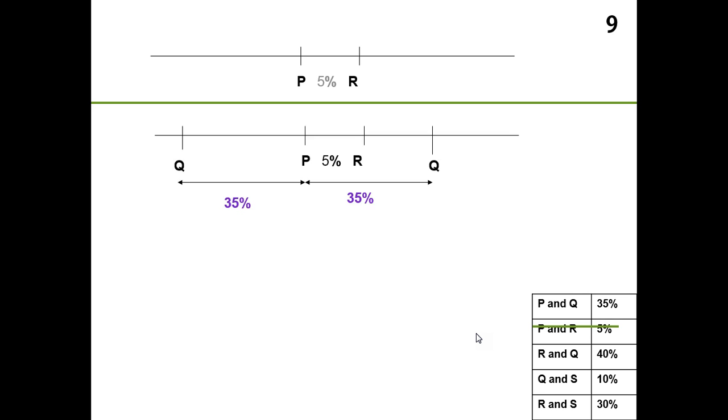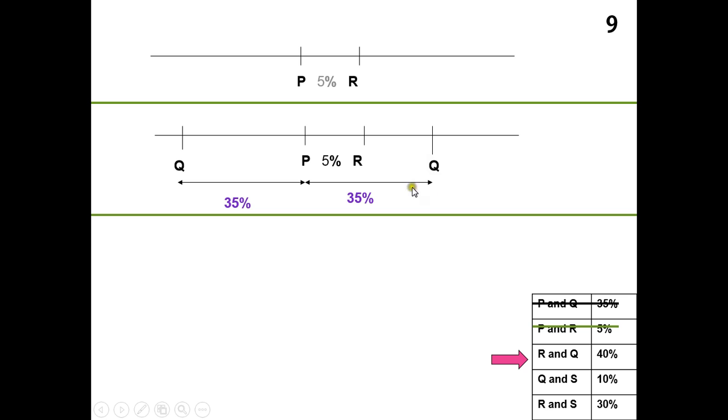We can put in the 35% between P and Q, although you can also go by the order from smallest crossover value to the largest. It's alright, but let's try with 35% for P and Q as a distance. Again, there's no indication of direction, so it can be 35% to the left of P or 35% to the right of P. We eliminate that when we see R and Q is actually 40% apart from each other.